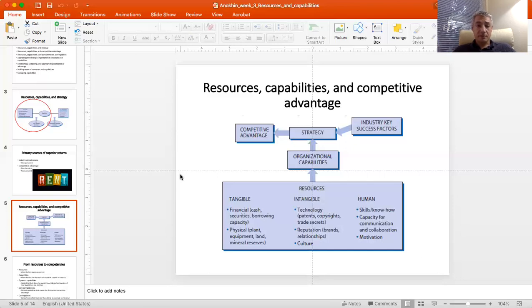By themselves, these tangible resources, unless it is some really unique piece of equipment or unique mineral resource deposit or something like that, are not very likely to endow you with a sustainable competitive advantage. Sustainable competitive advantage is more likely to come from your intangible resources, things that you cannot necessarily see, smell, or touch.